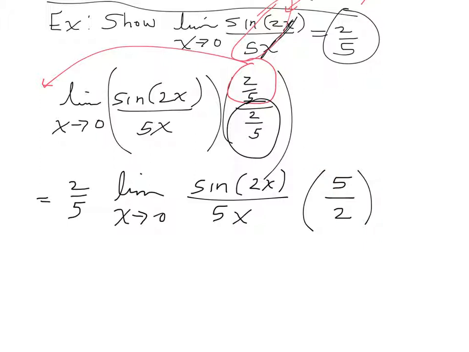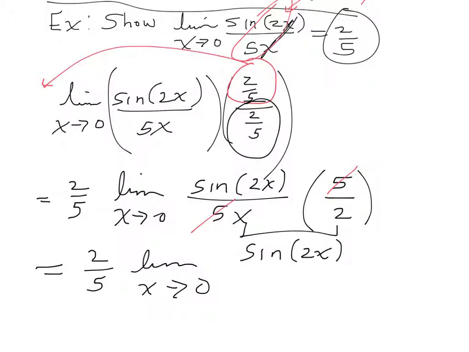So that's okay? Then my 5s will cancel, and I'm left with 2/5 limit, x goes to 0, sine 2x, multiply those over 2x.